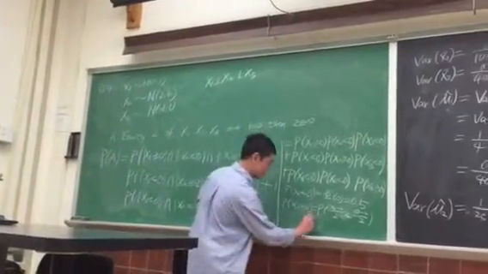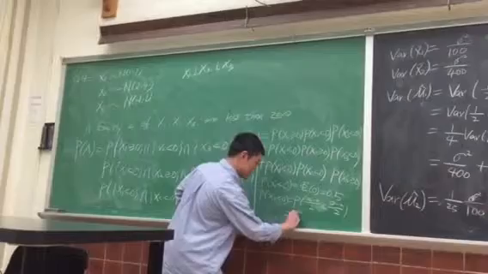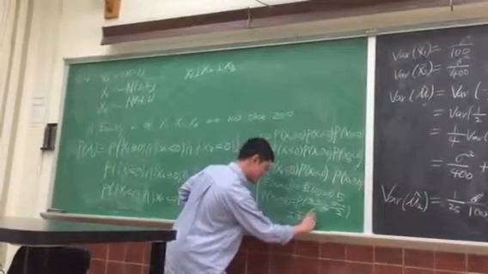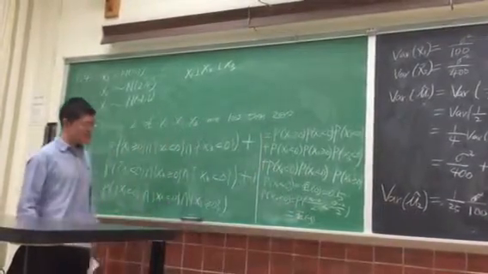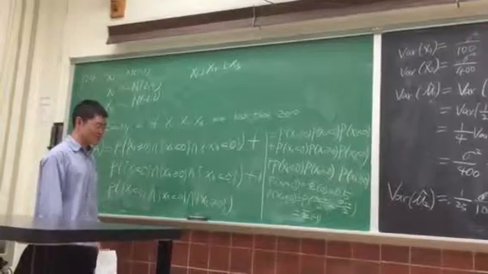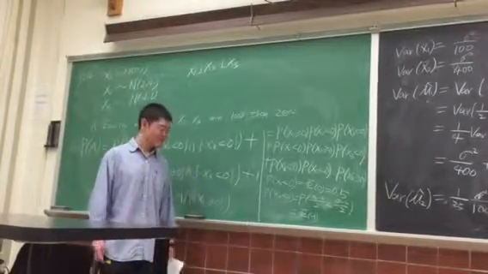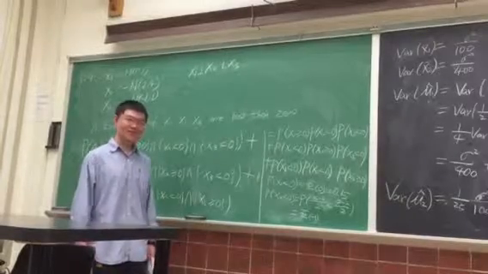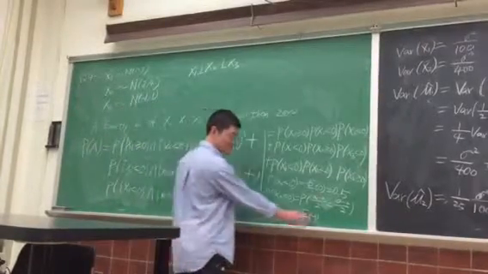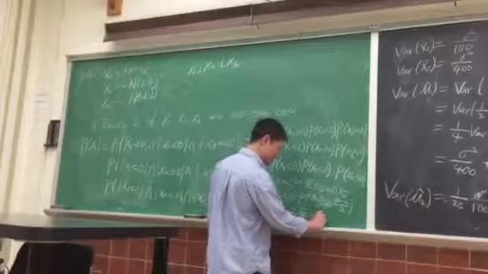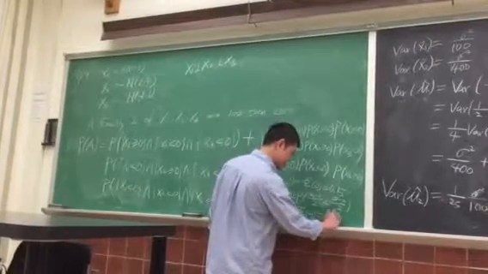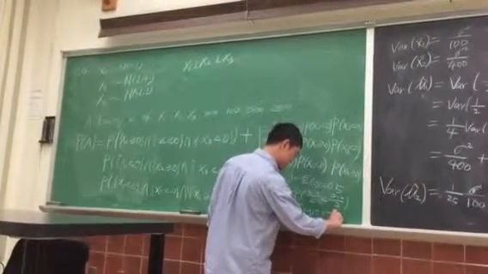So this is phi minus 1. But in the distribution table, you cannot find phi minus 1. But you can find phi 1. And you should know that phi minus 1 is 1 minus phi 1.